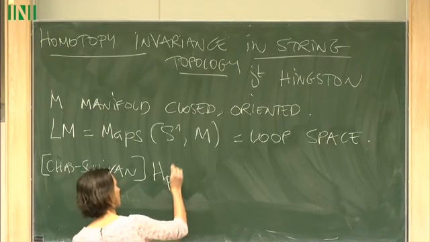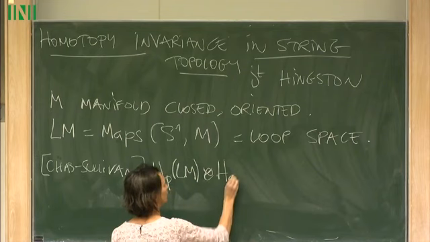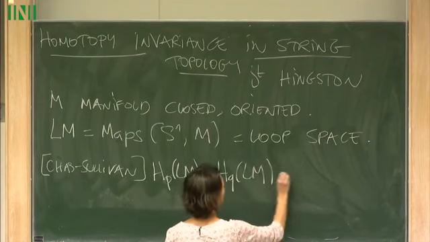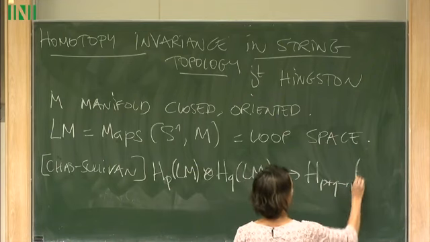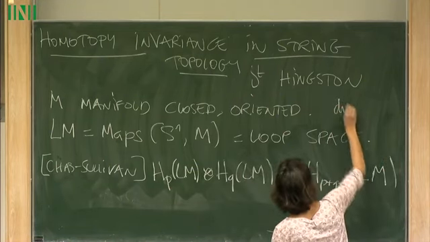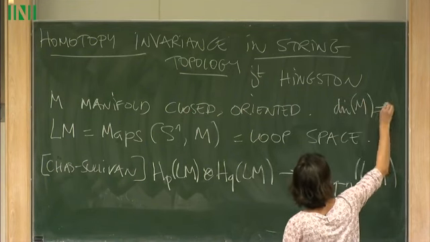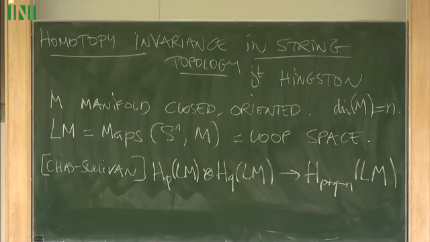homology. So if I put H_p(LM) tensor H_q(LM), it goes to H_{p+q-n}(LM), where n is the dimension of the manifold. And then there is a homology coproduct or cohomology product.